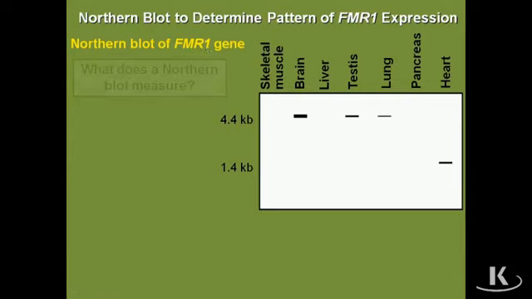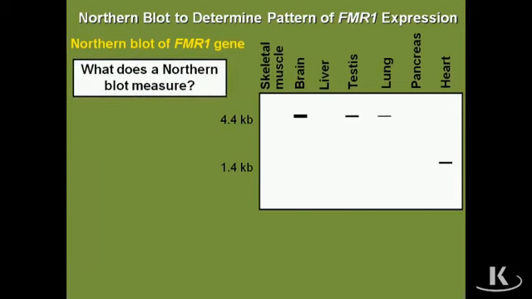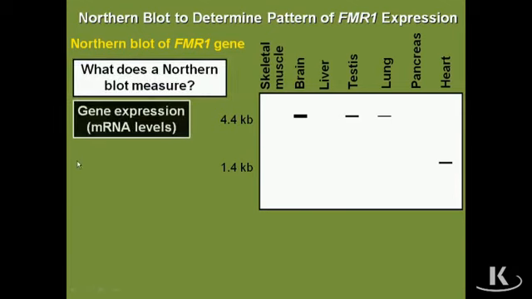So what does the northern blot measure? It measures, of course, expression levels of messenger RNA, mRNA expression levels. So you see in skeletal muscle, in brain, liver, testes, lung, pancreas, and heart, each of these individual tissues was degraded, messenger RNA was harvested from those tissues, and then a probe specific for the FMR1 messenger RNA was utilized to see how much mRNA was present in each of those tissues.